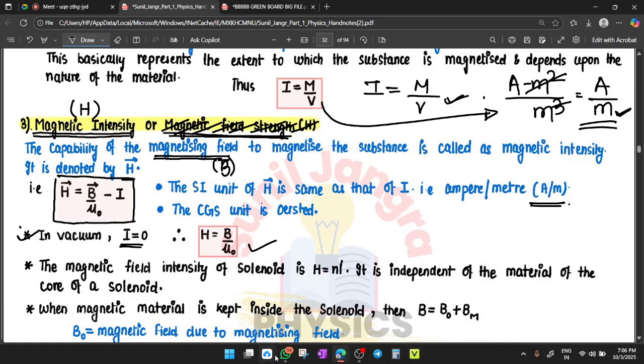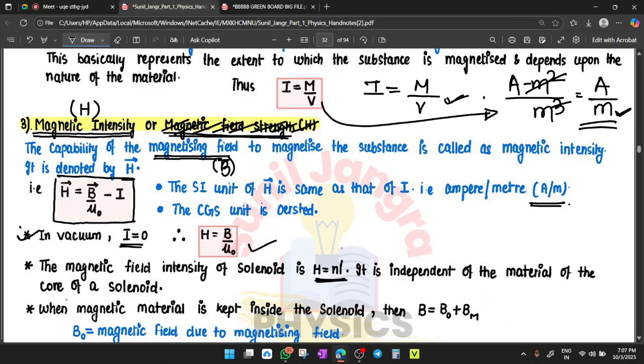The magnetic field intensity of a solenoid, which is called magnetic intensity: H equals n i.